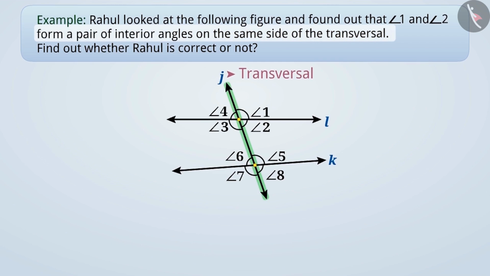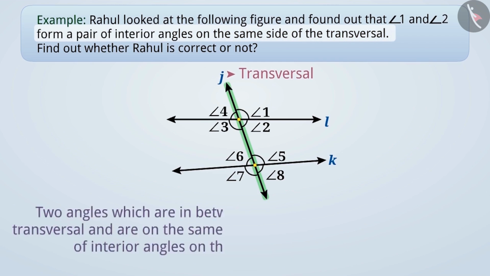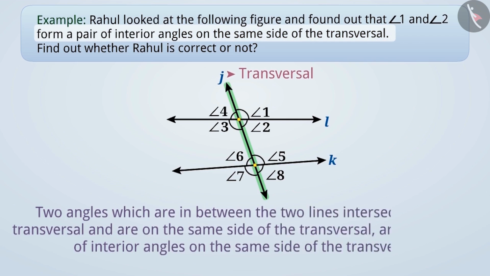We already know that the two angles which are in between the two lines intersected by the transversal and are on the same side of the transversal are called a pair of interior angles on the same side of the transversal.